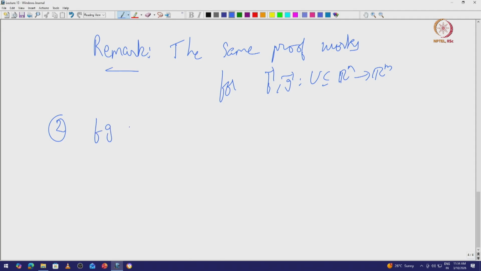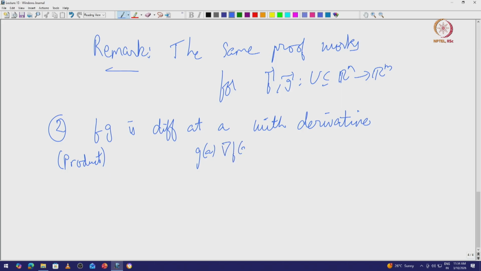f times g is differentiable at a. This is, if you wish, the product rule with derivative. Right.